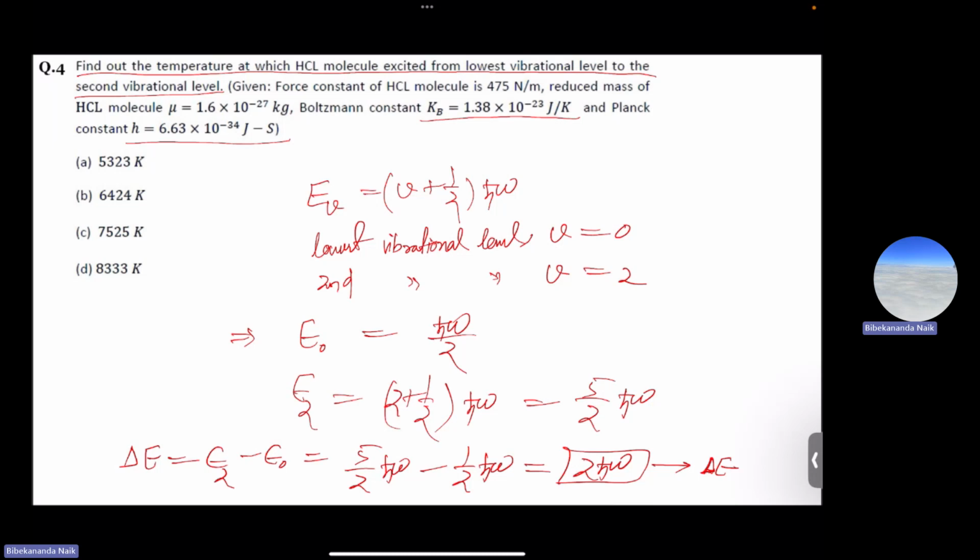use the values given. The spring constant is 475 Newton per meter, and the reduced mass is 1.6 into 10 to the power minus 27 kg.